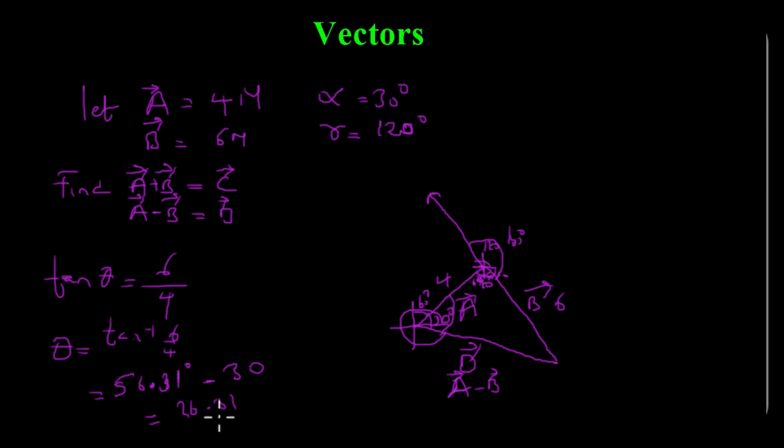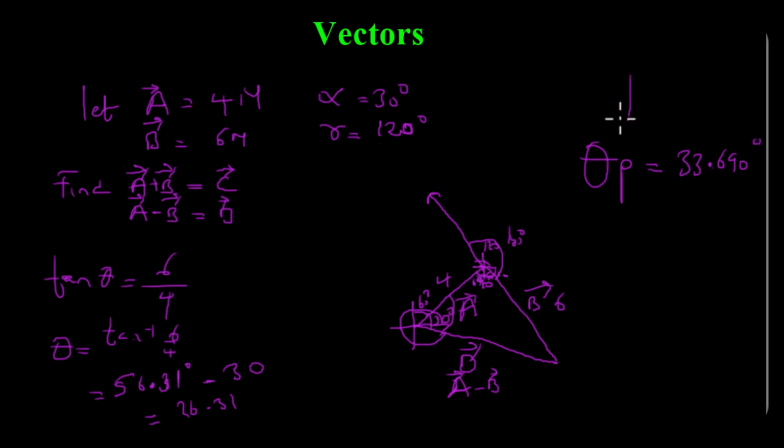Then I'll subtract this from 360. So my theta polar will be equal to 33.690 degrees.